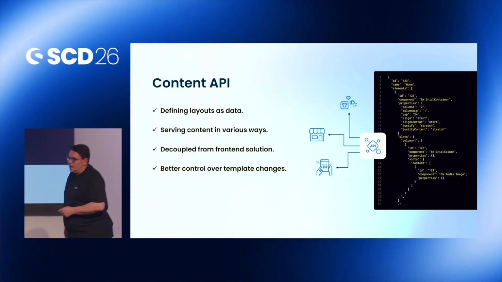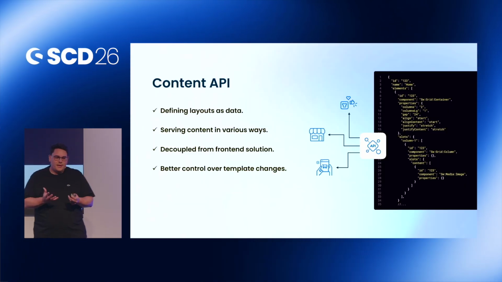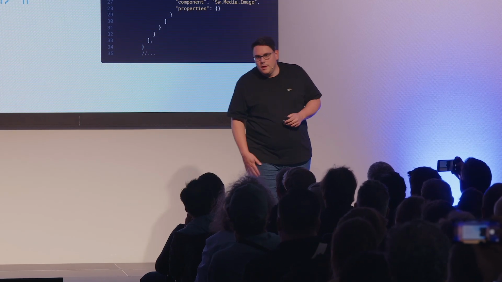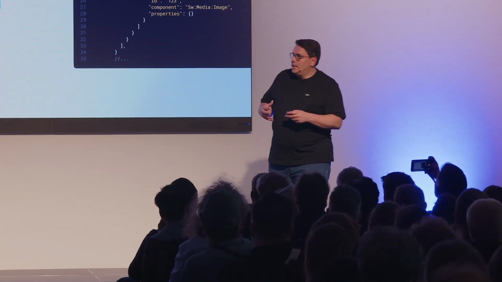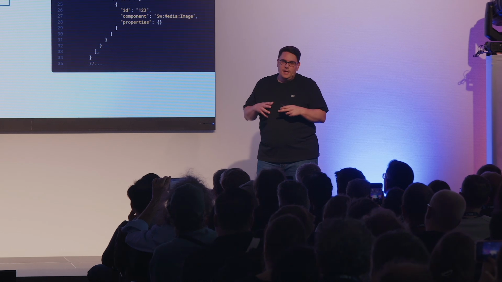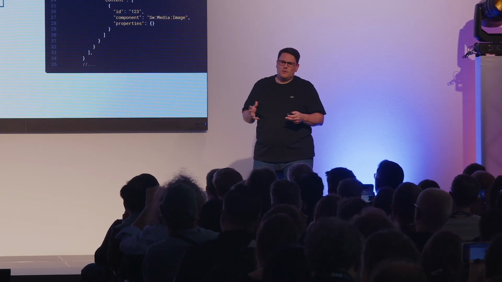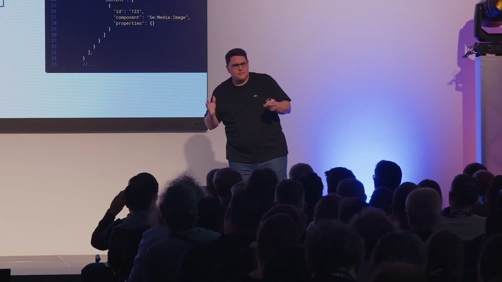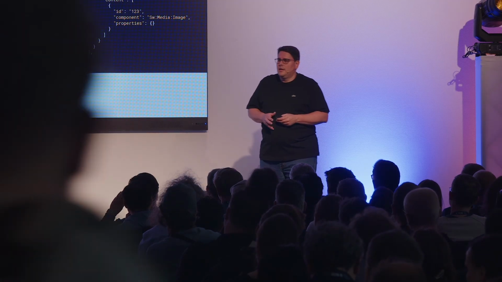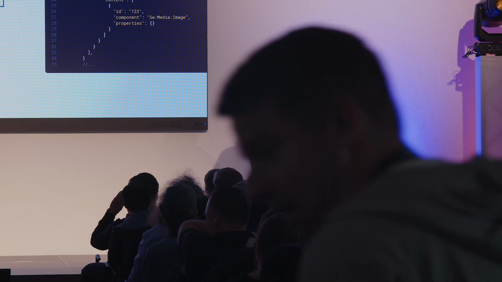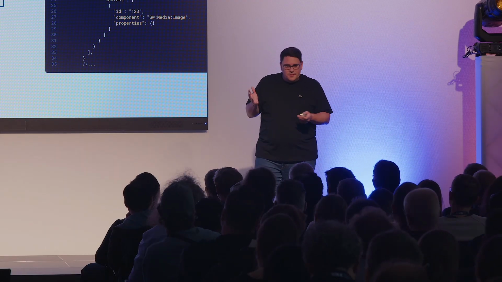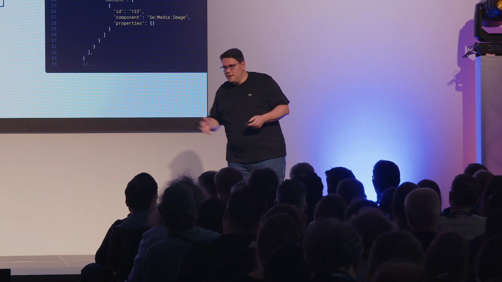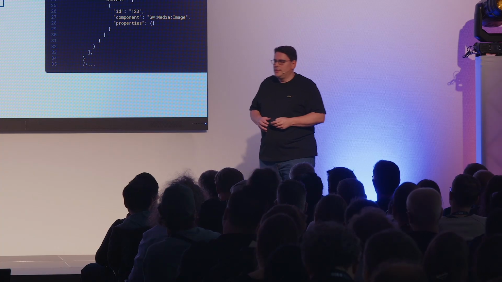So Content API, this will be the whole backend system of this new thing, and the main idea is that today we talk a lot about templating and Twig and styling and JavaScript and all that stuff, right? And with all the debate, okay, AI can build this now, so AI can just generate HTML and stuff.